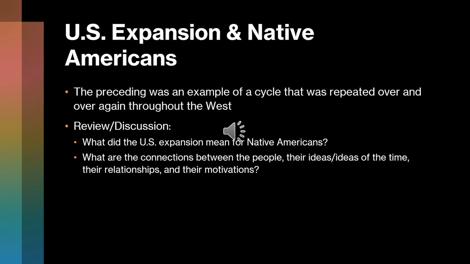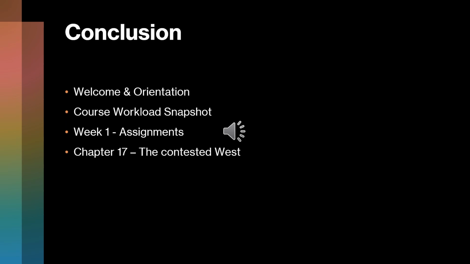Americans were going to take the land regardless. Now, this cycle is repeated over and over again throughout the West. If you're any student of Western history, you understand how widespread this issue was, and there are atrocities throughout the West until natives are eventually pushed on to reservations.